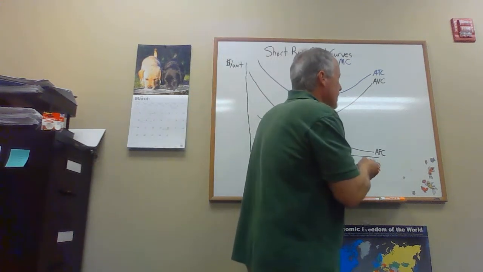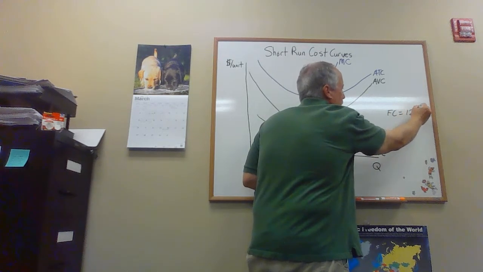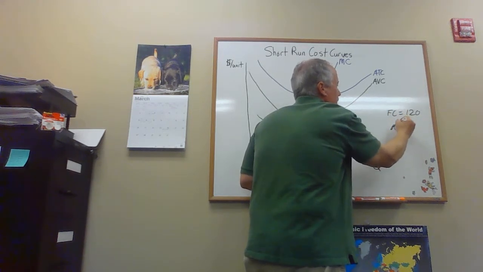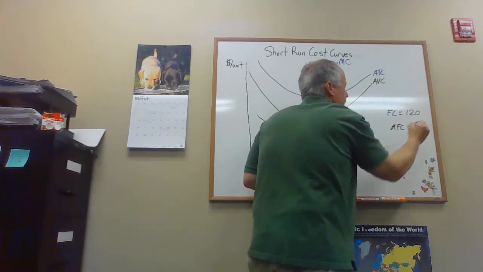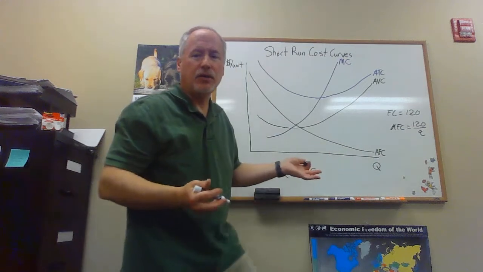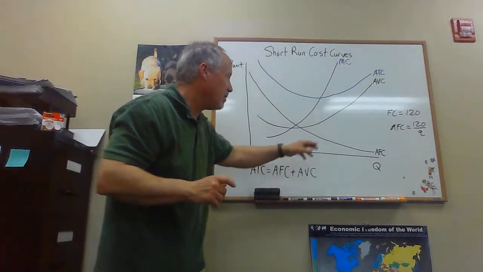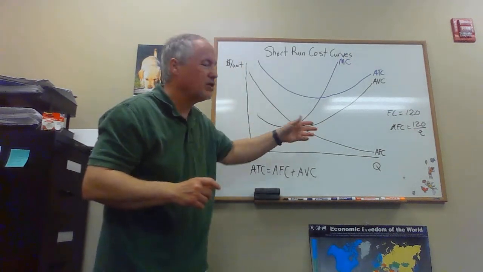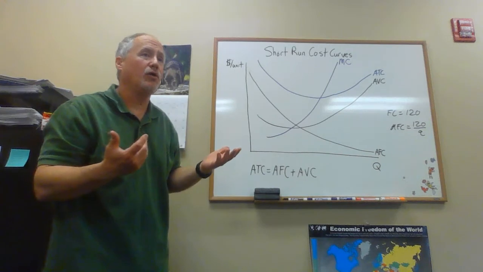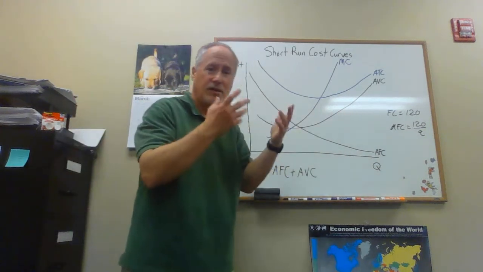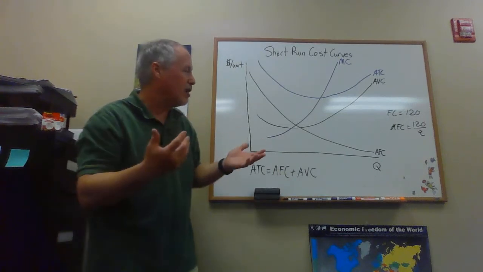So if the fixed cost was, say, $120, then the average fixed cost is just 120 divided by Q, and as you divide by a larger and larger quantity, the fixed cost per unit, your average fixed cost, has to be getting smaller. You're taking a fixed dollar amount of cost and dividing by a larger and larger quantity.